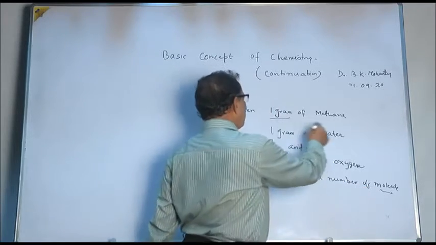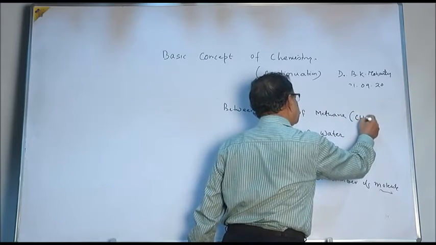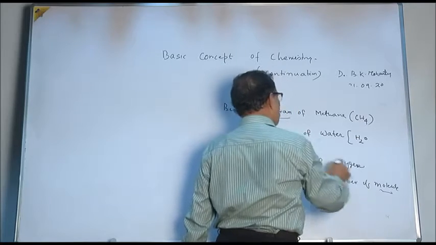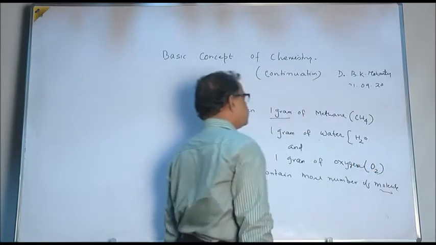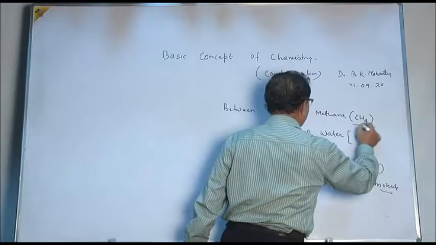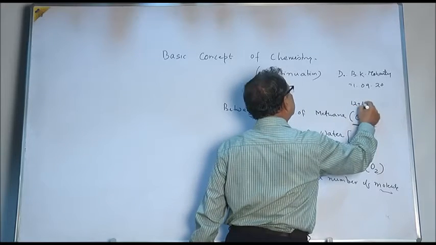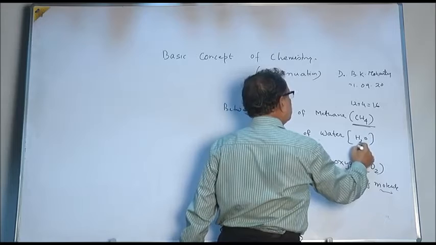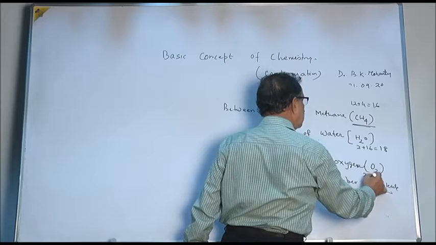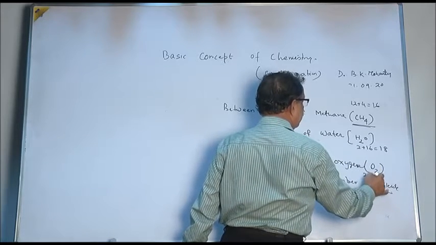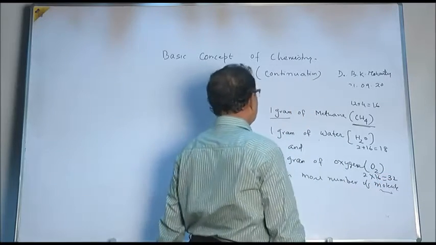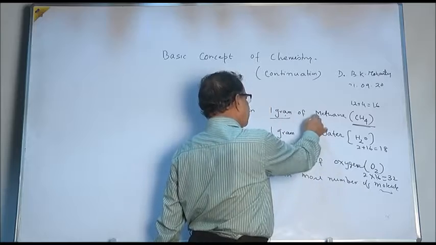Methane formula is CH4, water is H2O, and oxygen is O2. Methane's molecular mass is 12 plus 4, equal to 16. Water is 2 plus 16, equal to 18. Oxygen is 2 into 16, molecular mass 32.